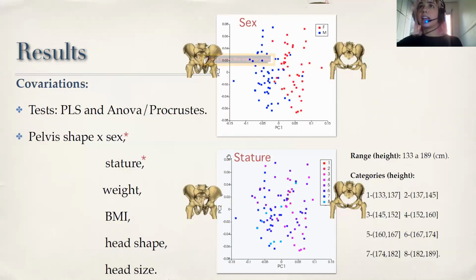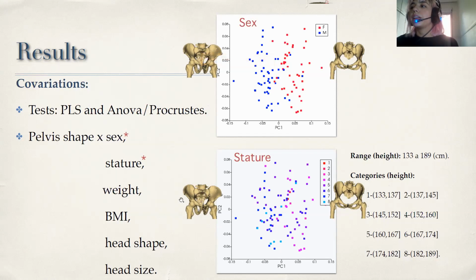And in this slide, I'm showing you the results I obtained when I tested for possible statistical covariations between pelvis shape and other variables. Actually, the only significant results were obtained for sex, which was totally expected, as sex divided the sample across the first principal component, and also for stature.